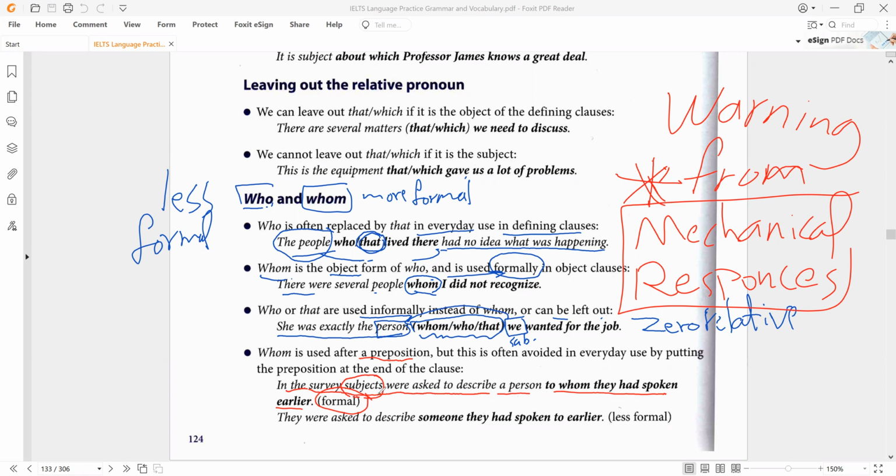اوكي، كلمة subjects حنجعلها لها عدة معاني. In the survey subjects اللي هم المشمولين في الاستفتاء، المعينين لإجابة الأسئلة مثلا، سموهم subjects.